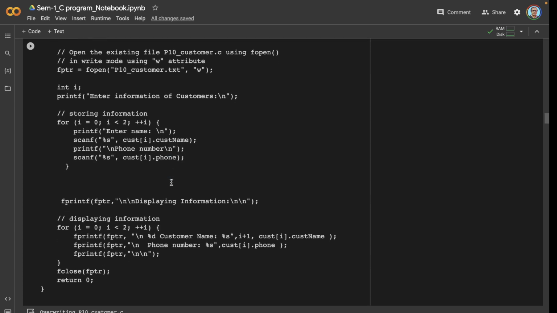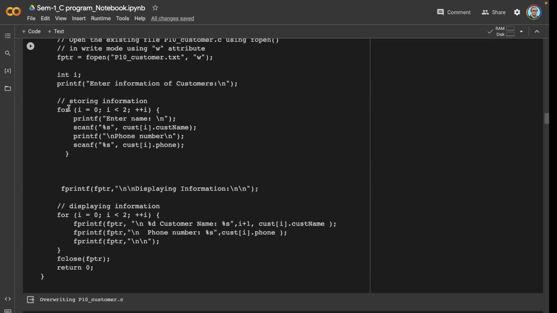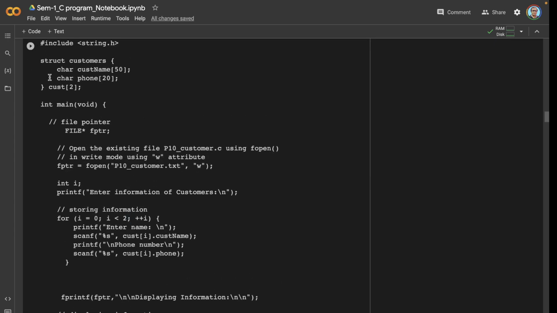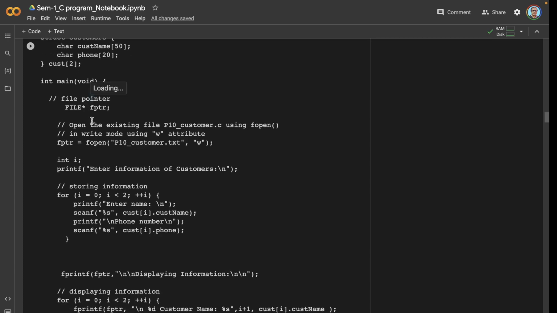So we input the customer name and customer phone for i equal to 0 and i equal to 1, the second customer. Here i is less than 2, so we use cast 2: only two customers, customer 0 and customer 1.